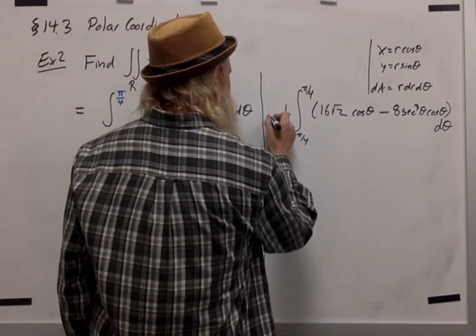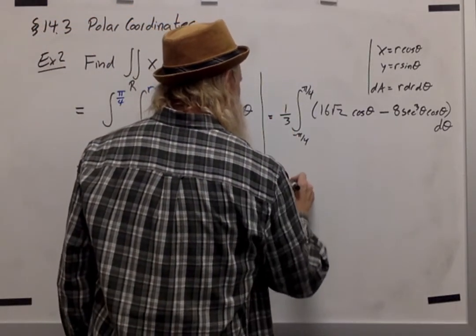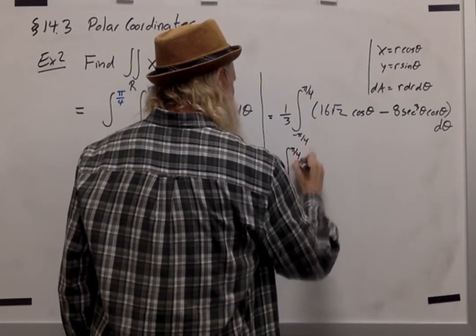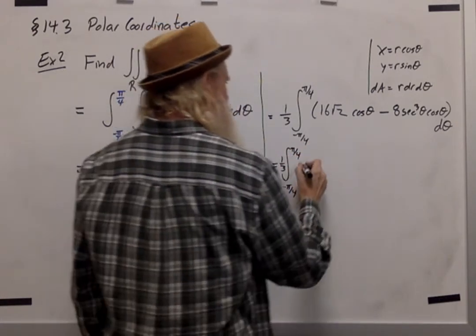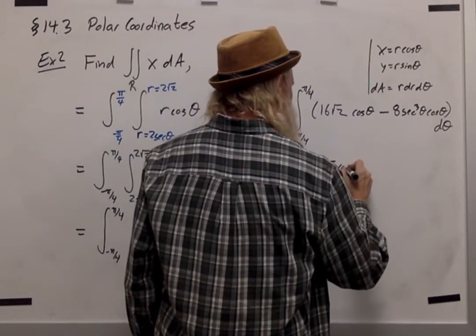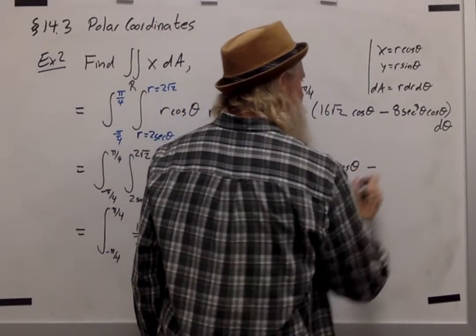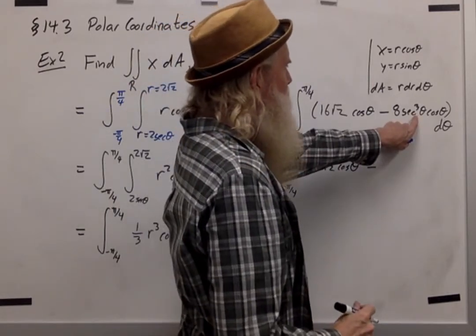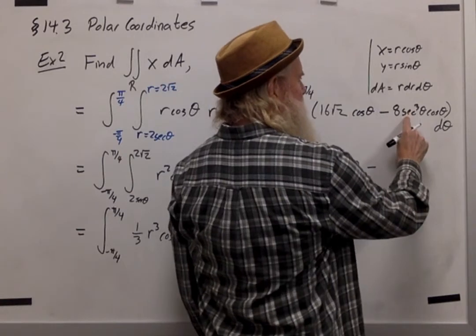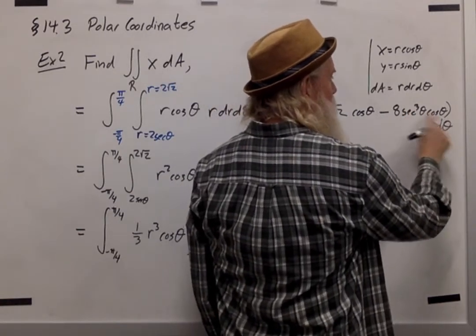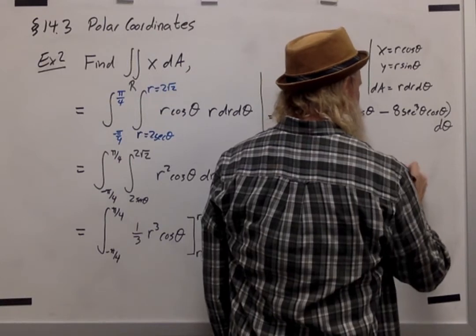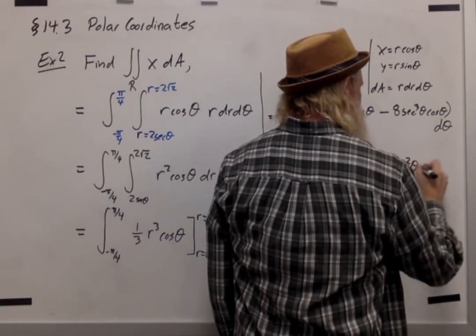Let's simplify that a little bit. I have 1/3 in front. Inside, I have 16 square root of 2 cosine theta minus, remembering that secant is the reciprocal of cosine, if I take secant cubed times cosine, one of the secants will cancel with the cosine and just leave me with 8 secant squared theta.